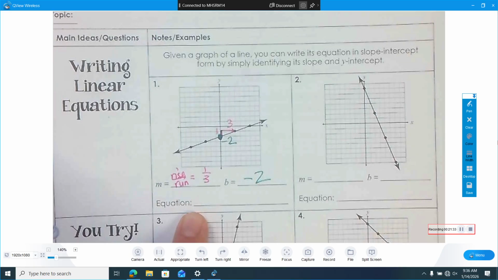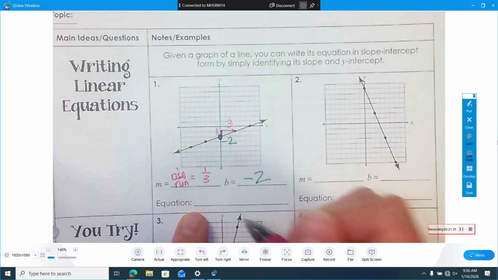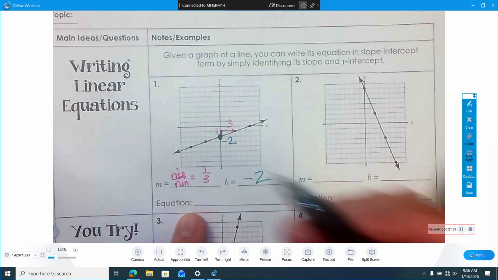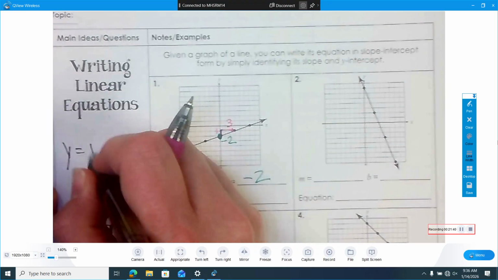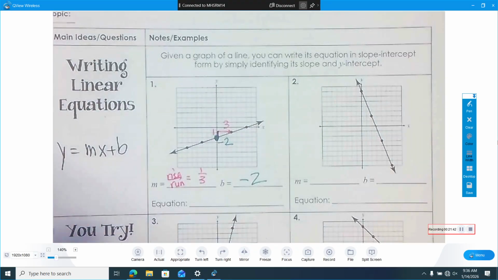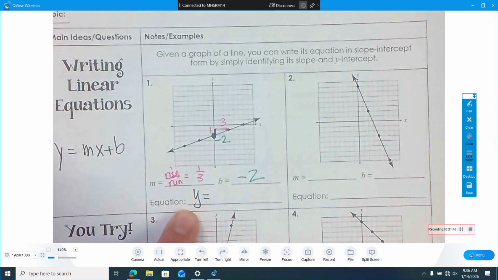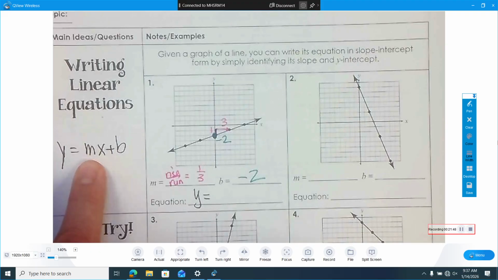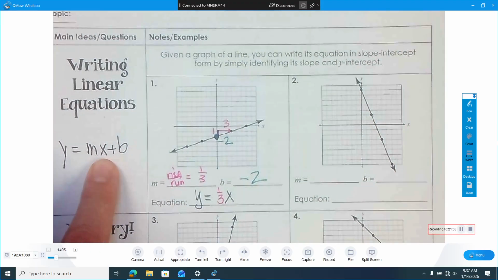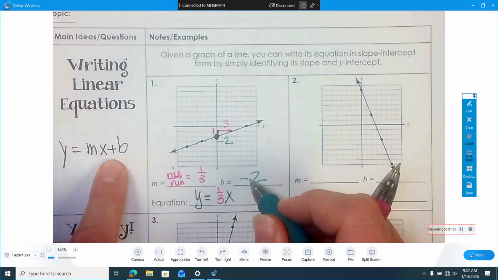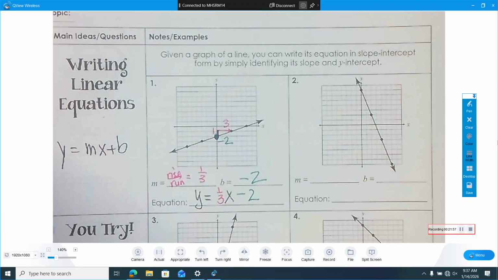And so how do I write my equation? Y equals mx plus b. So I'm going to write y equals, what's the m? 1/3, and then it has to have an x, and then the last thing I pop on there is -2. Super easy.